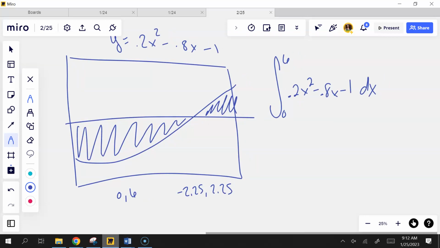Y'all need me to show you that? Y'all remember how to do it? This is part A. And if you go through all that, I think you get negative 6.